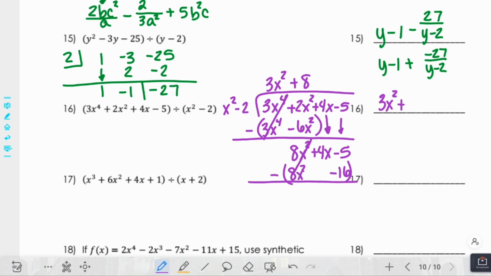You're going to have 0 for this first term. Bring down your 4x. Negative 5 minus negative 16 is going to be negative 5 plus 16. That's a positive 11. So we have 3x squared plus 8 plus, and then 4x plus 11 all over x squared minus 2.